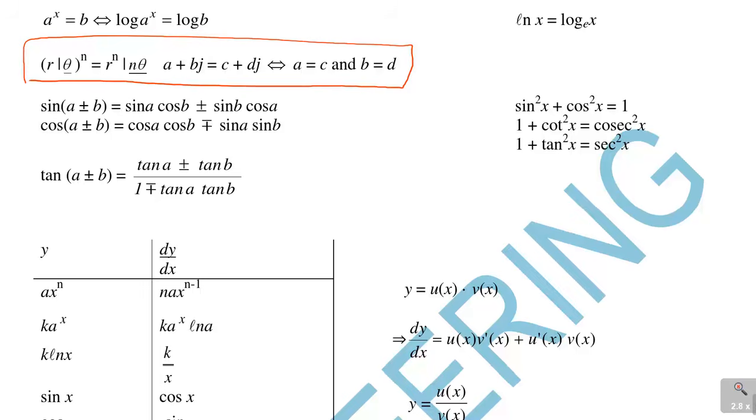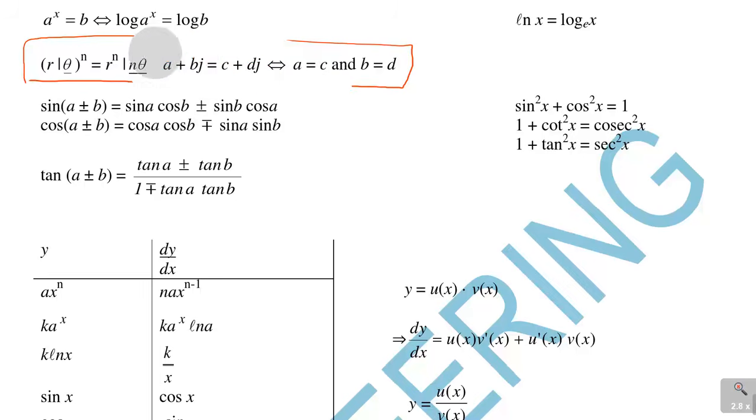The first equation we're going to use is a plus bj is equal to c plus dj. If you have such a situation, therefore a is equal to c, these are the real number parts, and b is equal to d, which is the imaginary side. We're going to do that whenever we're solving the equations.